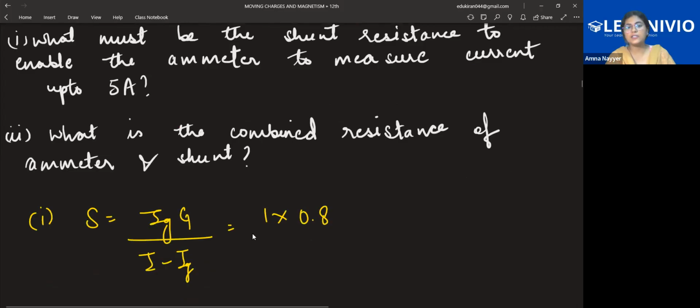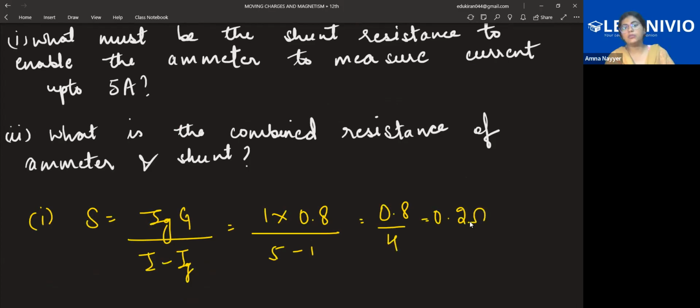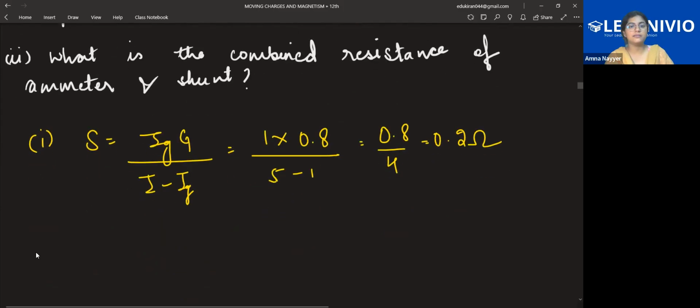This is 0.8 divided by 5 minus 1, so 0.8 divided by 4. This is 0.2 ohms.